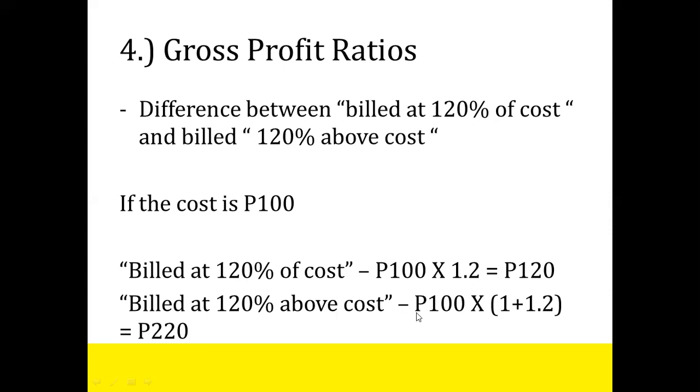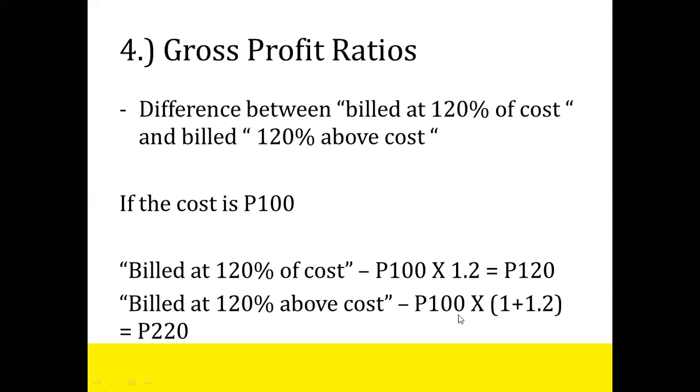So, ang gagawin natin dito, cost plus billing price or yung bill ni, let's say, home office. 100 pesos times 1 plus 1.2. Kasi 120% above cost. So yung cost, papatungan pa natin siya ng 120%. So ganun yung interpretation.